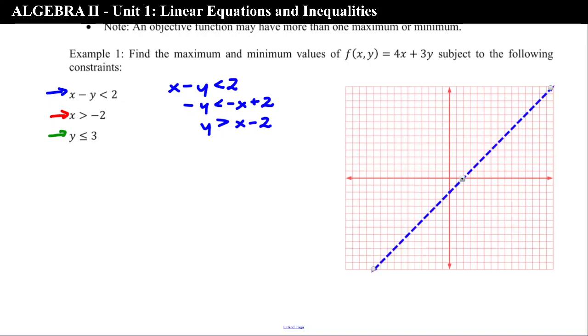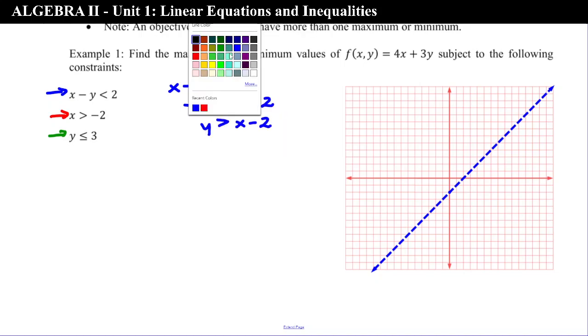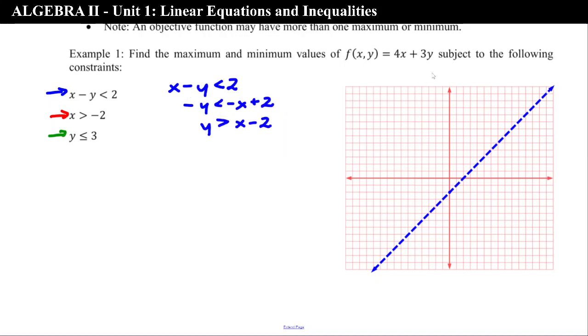Let's get this back to a red line that we're going to be drawing here. Okay, so we're going to go along here at x equals -2 along the x-axis there. Okay, so there's our second line.